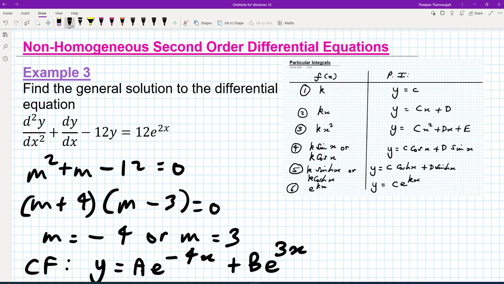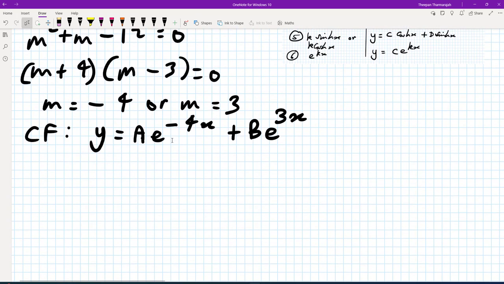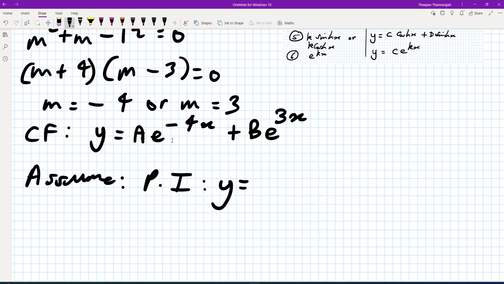Don't forget our function is now in the form of e to the kx. In our case, k is 2. So we're going to assume that our particular integral takes the form y equals c times e to the 2x.